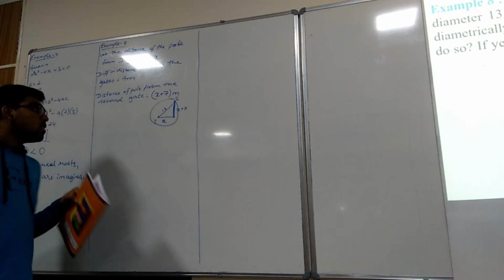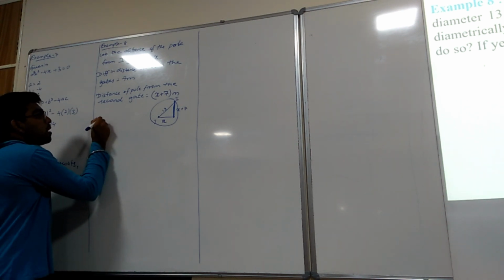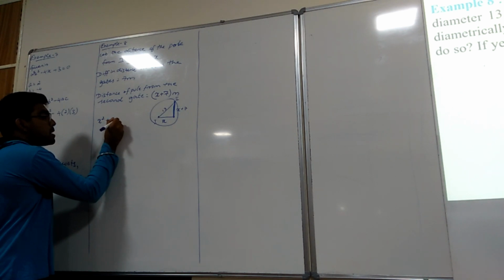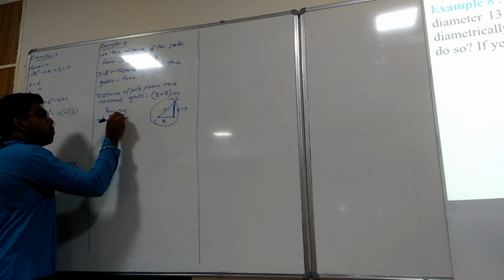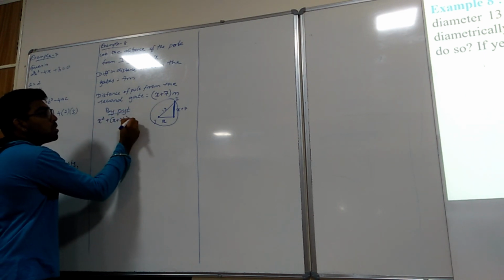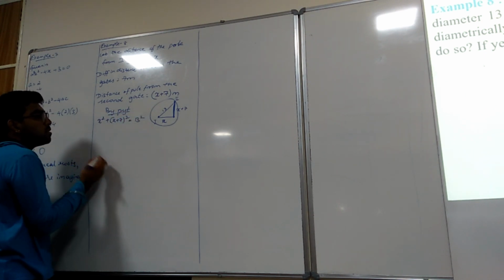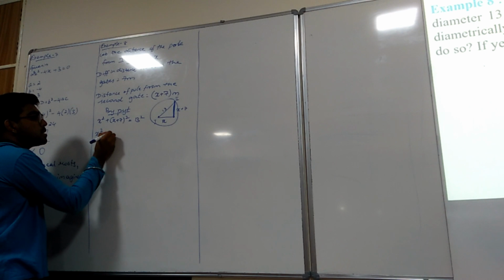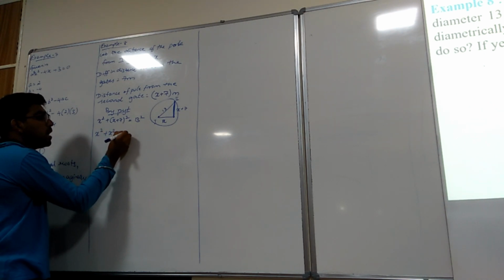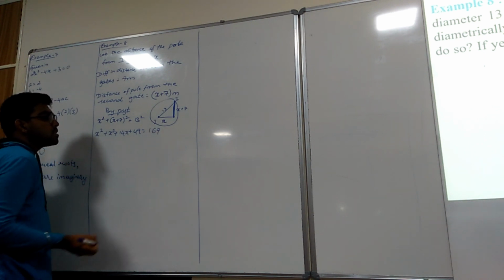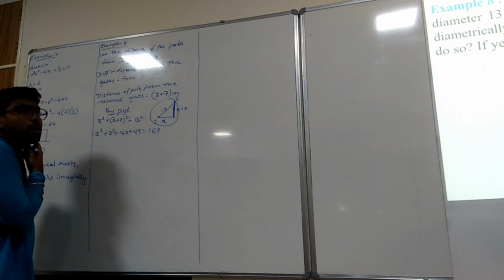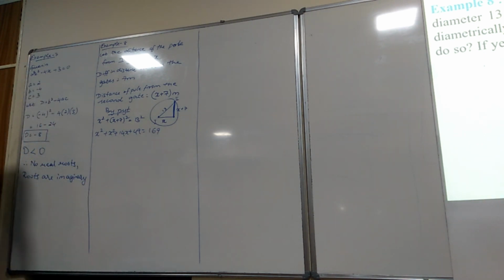So base square x square plus x plus 7 the whole square, by Pythagoras theorem, is equal to 13 square. So x square plus x square plus 14x plus 49 is equal to 169.